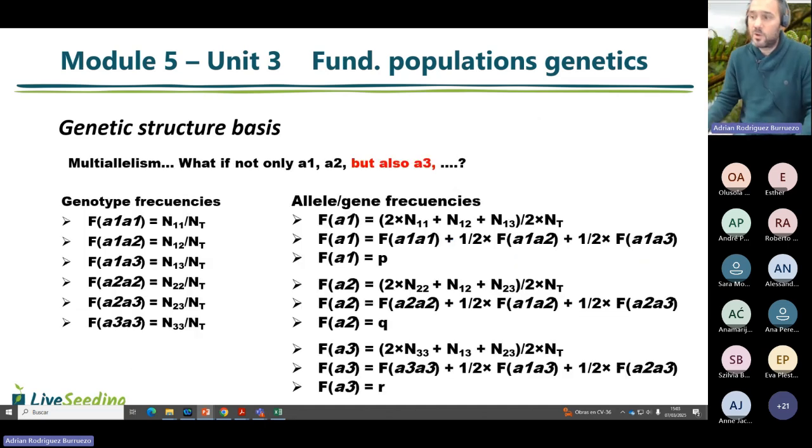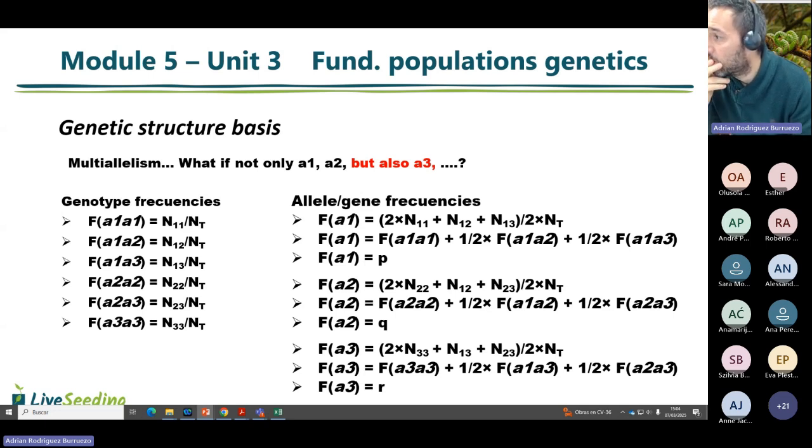Okay, I will only show a bit complicated case just for your info, because in real life, the traits are not all Mendelian, not only based on one gene and two alleles.